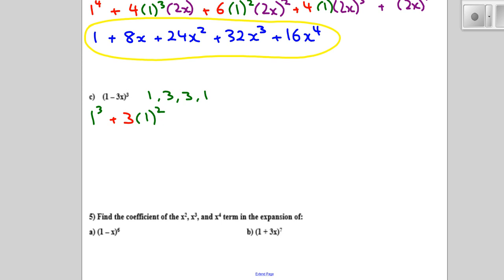It's negative 3x. It helps to write in the 1, if that helps keep on track. So I've got 1, 3, 3, last one is just 1, so that's negative 3x to the power of 3.